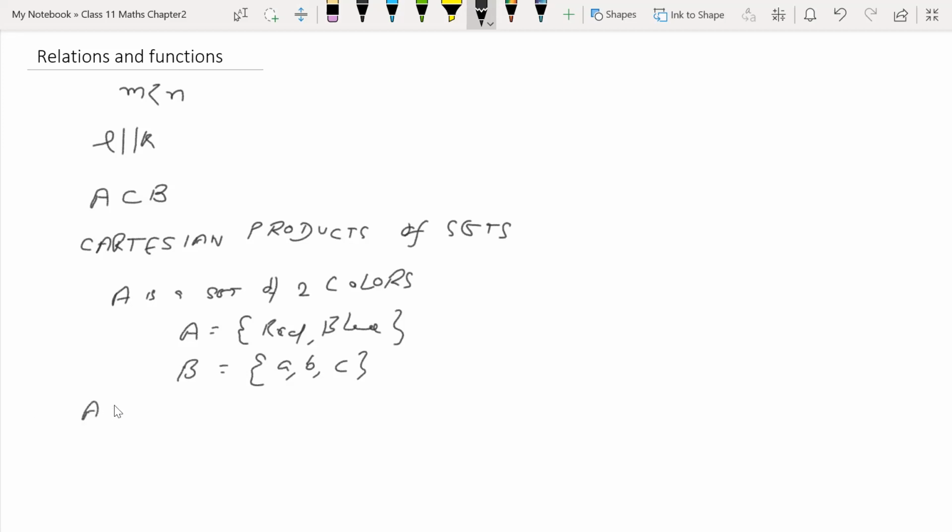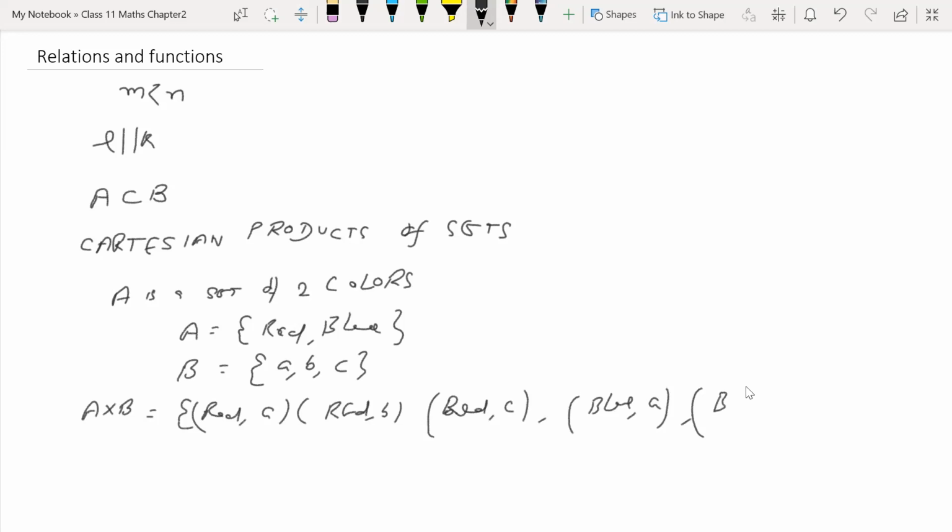We can denote it as: red a, red b, and red c, blue a, blue b, and blue c.